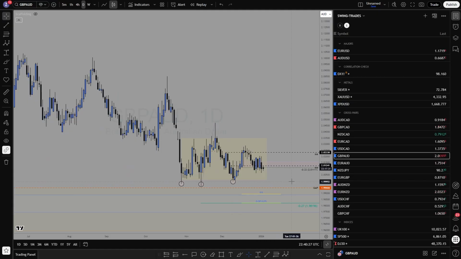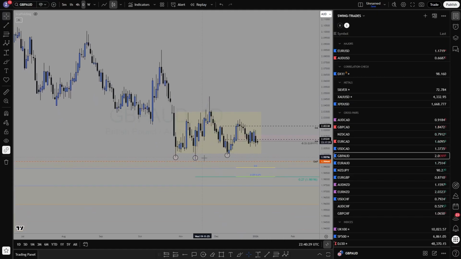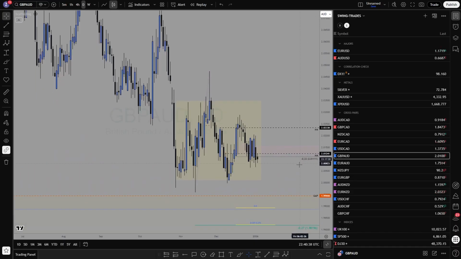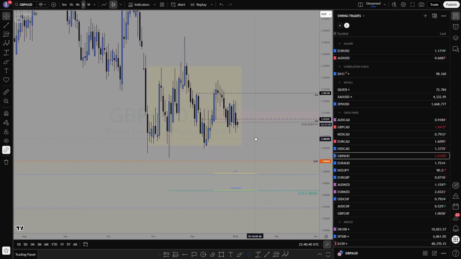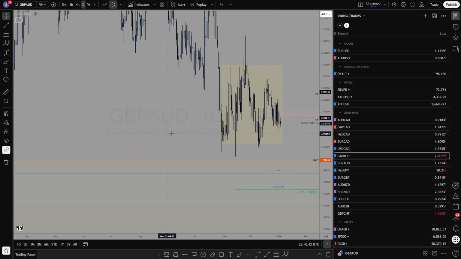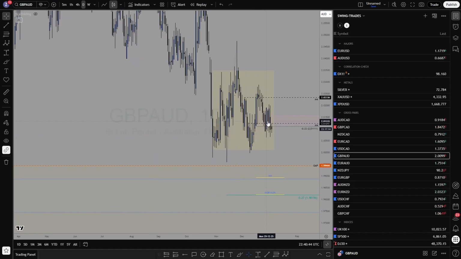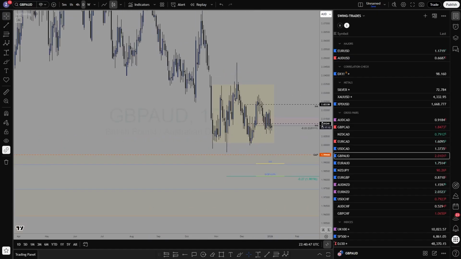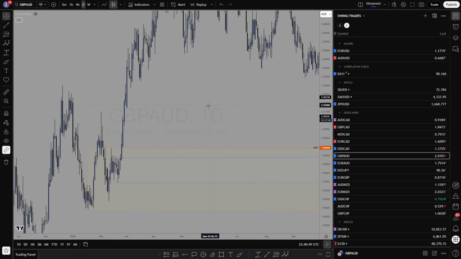On the daily, we've got consolidation, so I'm really not interested in placing any positions intraday whilst we've got a consolidating market. I really want to see price break out of this zone and determine direction, at least on the daily. That will help.